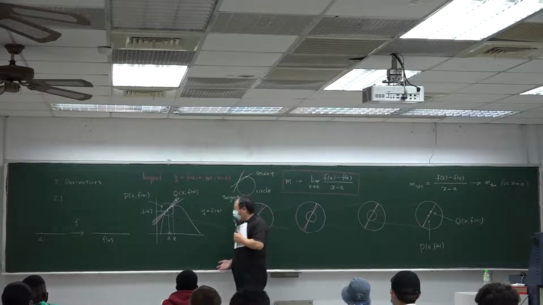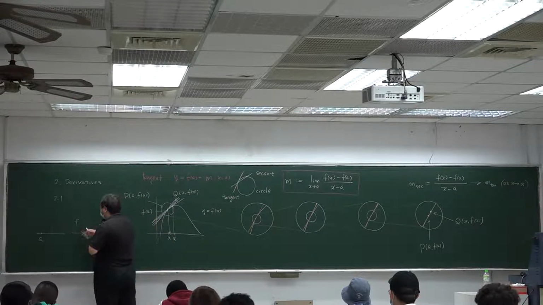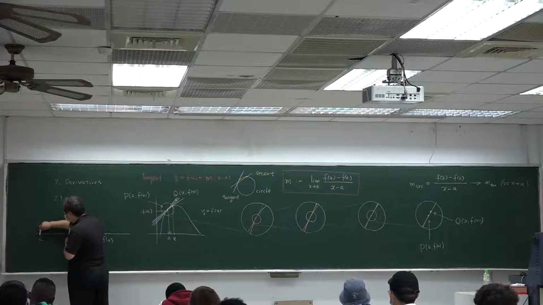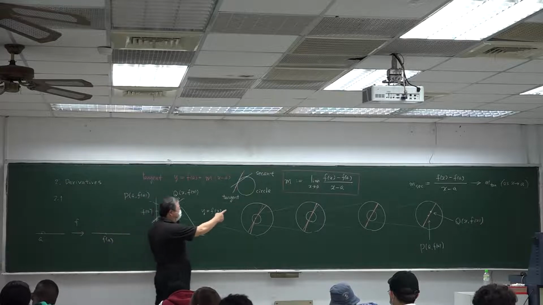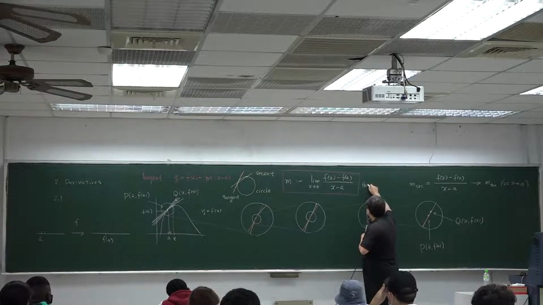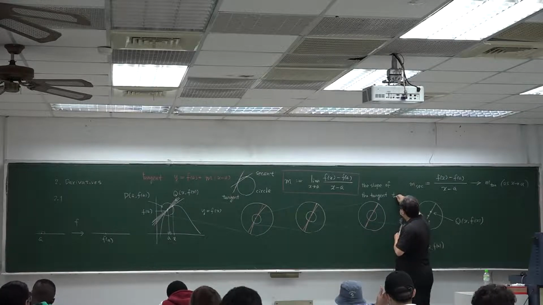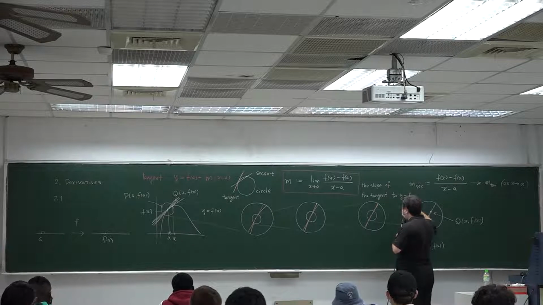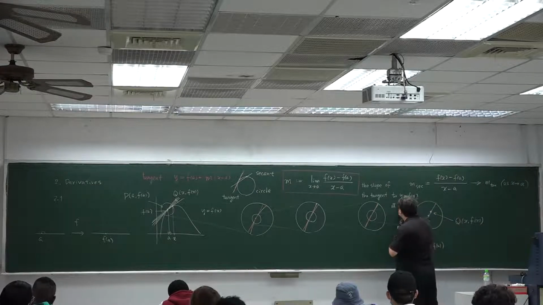This means for a given function f in a neighborhood of a, if this limit exists, we say this limit is the slope of the tangent line to the curve at a.